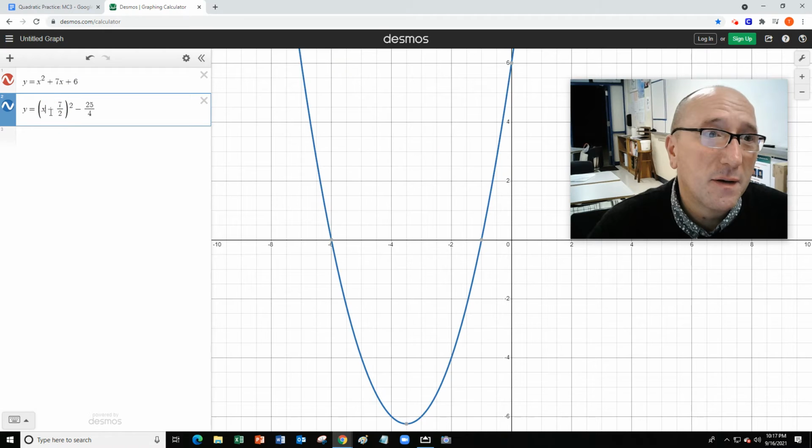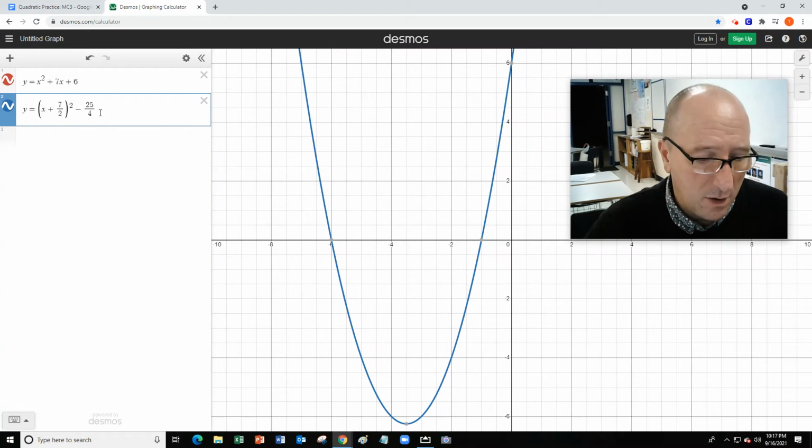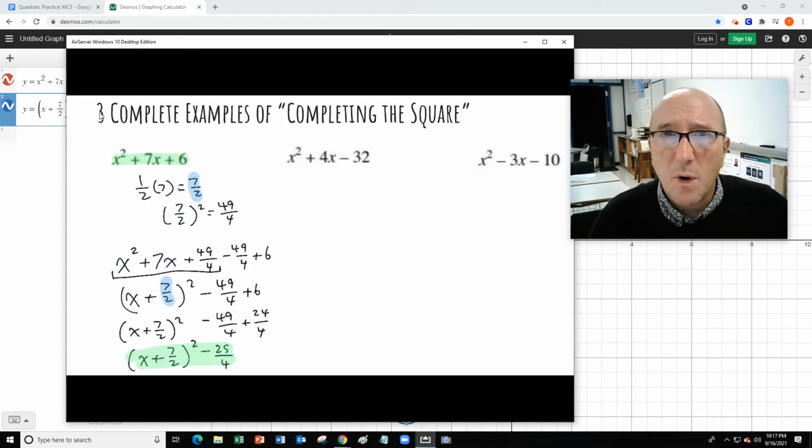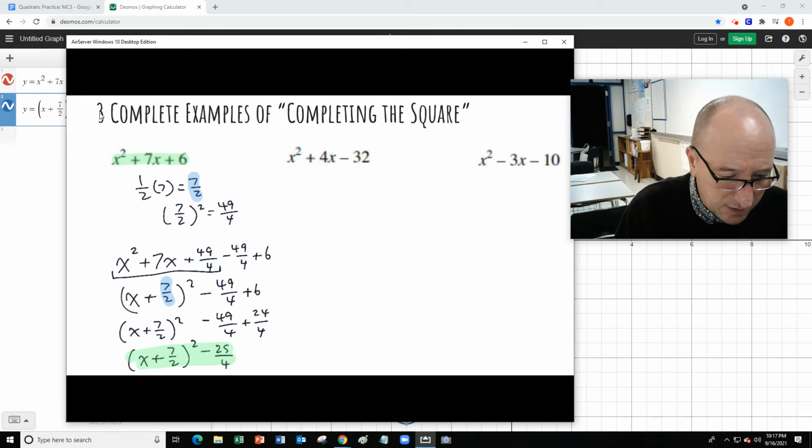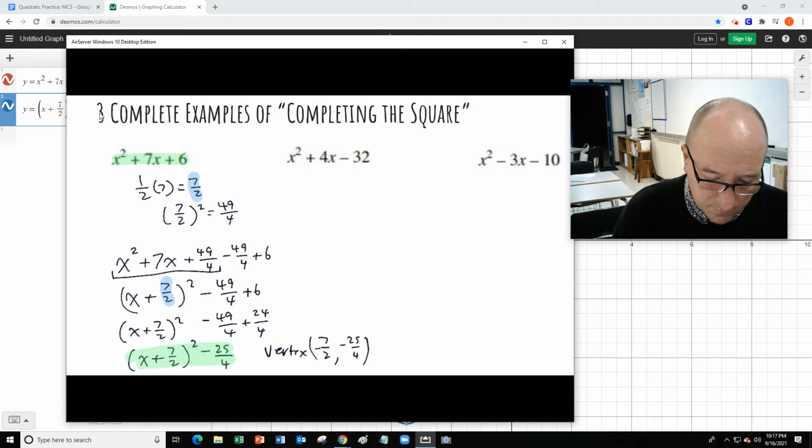Now this here looks pretty ugly, 7 over 2 and 25 over 4. However, that is what the vertex is of this parabola: negative 7 over 2, comma, negative 25 over 4. I want to write that here just for a moment so you can see it. The vertex here is negative 7 over 2, comma, negative 25 over 4.